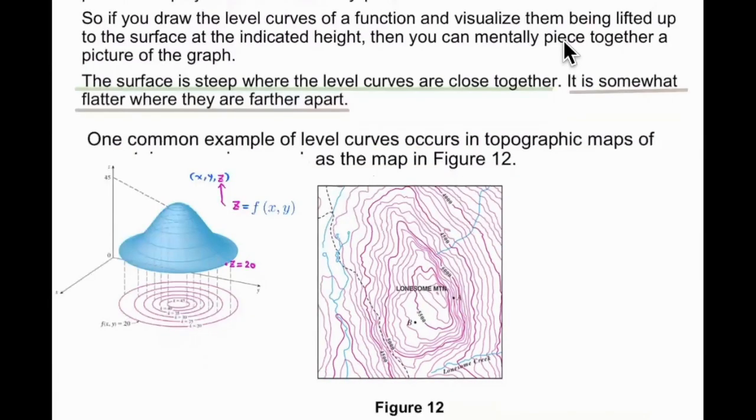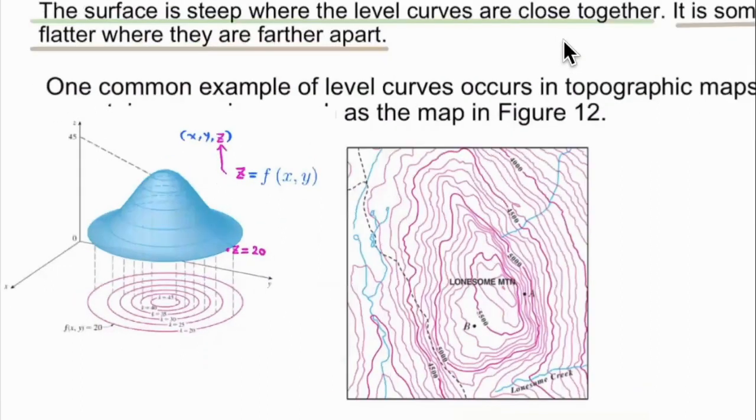and then you can mentally piece together how the graph looks. One thing that you might want to pay attention to is that the surface is steep when the level curves are close together. So here you see 20 to 25, 30 to 35.